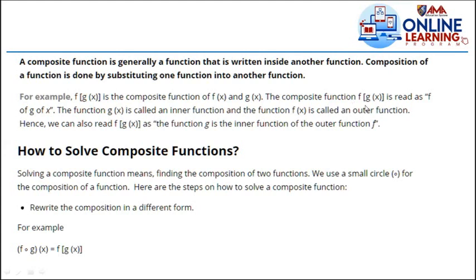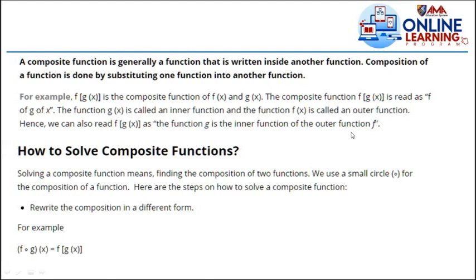So, paano natin babasahin ito? F of g of x, the function g of x is called an inner function, and the function f of x is called an outer function. Hence, we can also read f of g of x as the function g is the inner function of the outer function f.